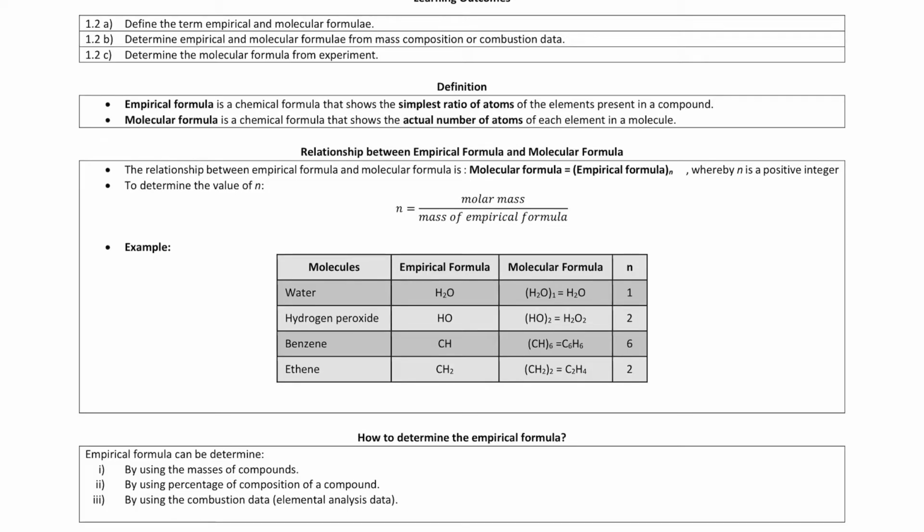But for molecular formula, itu adalah actual number of atoms yang ditunjukkan dalam tu. So nak tahu berapa actual number of atoms dalam compound tu, kita kena ambil empirical formula darab dengan n. In certain cases, we need to determine what is n. In order to determine n, we need to take the molar mass of the compound, divide with the mass of empirical formula.